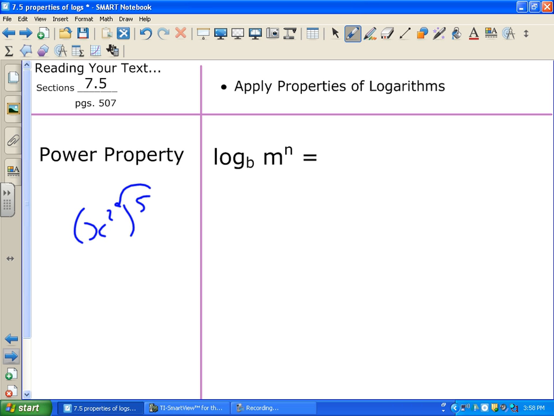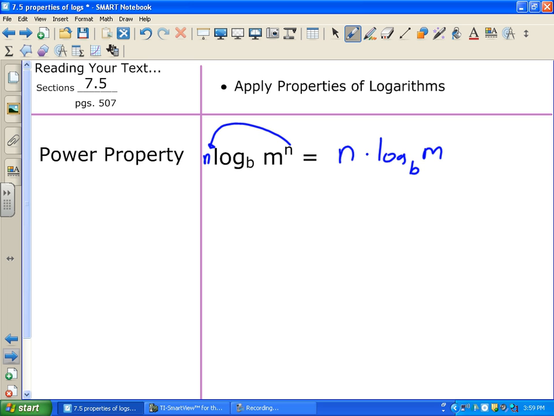Our rule before, when I was raising to an exponent, was to multiply the exponents and keep the base the same. The rule is very similar here. Raising to an exponent is going to mean multiplication. Another way to write it is n times the log base b of m.